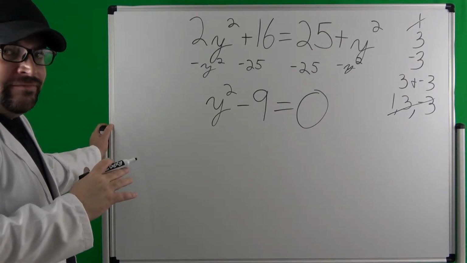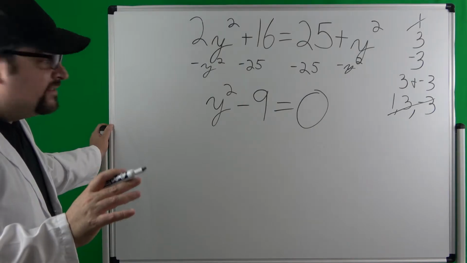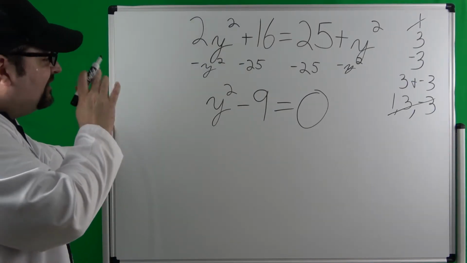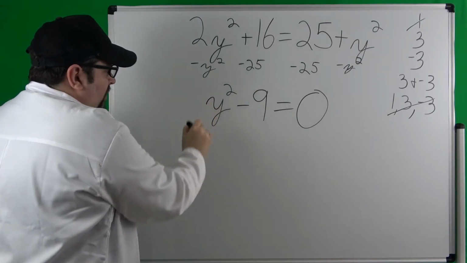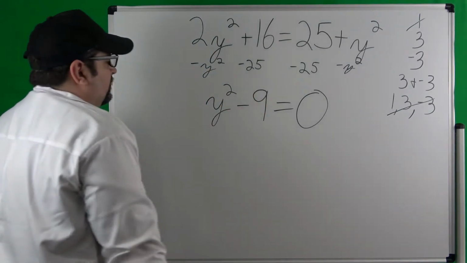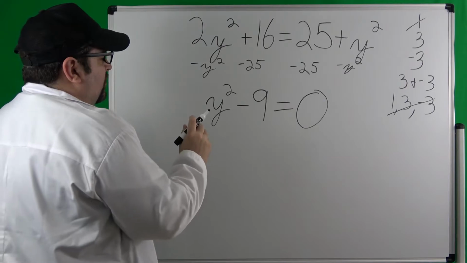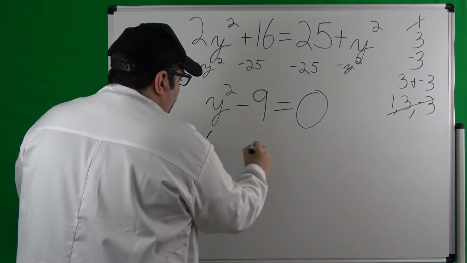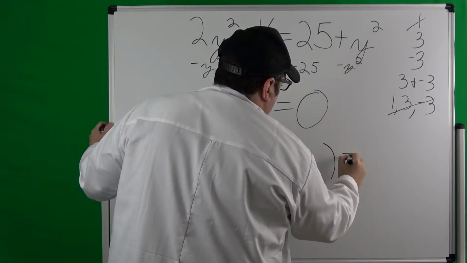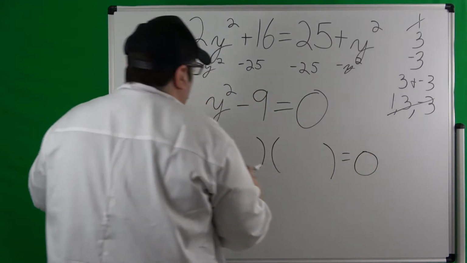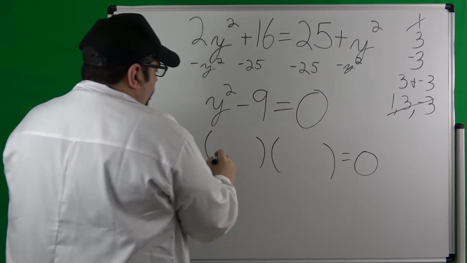Ooh, now that we really like. What's that called again? Oh, that's right, my friends. That is called the difference of two squares. The first term is squared, the second term is squared. So we can factor that easily. You just square root each one.